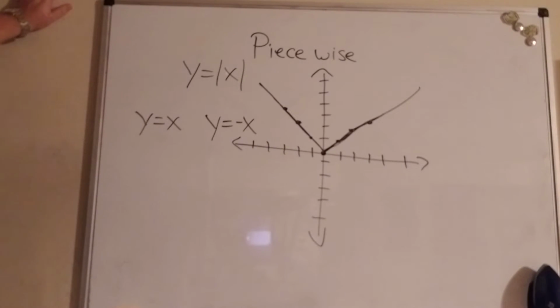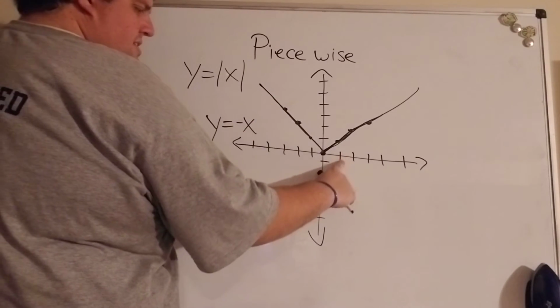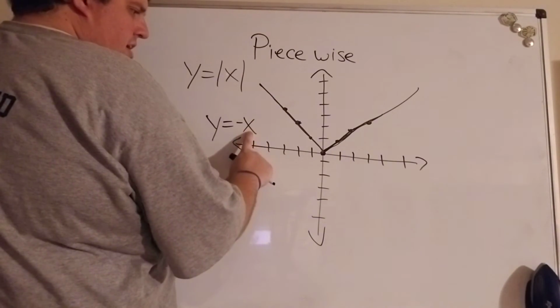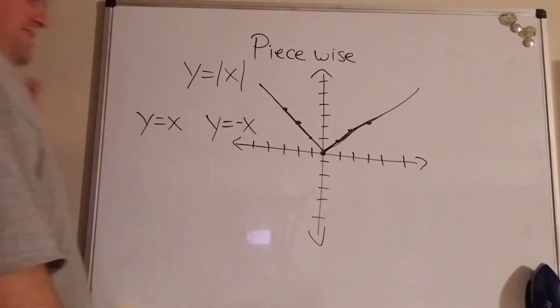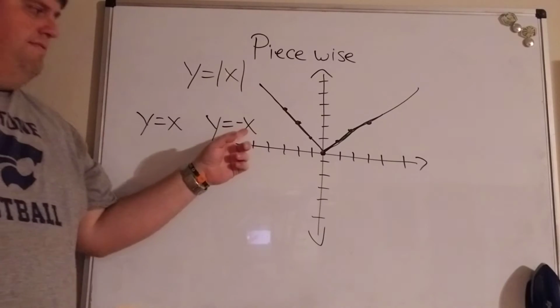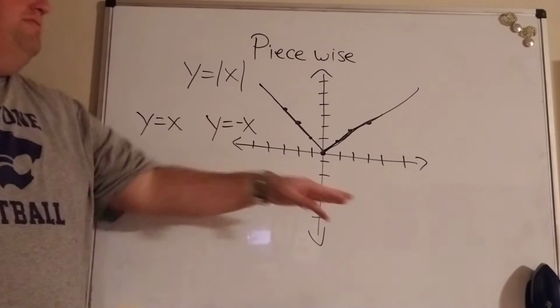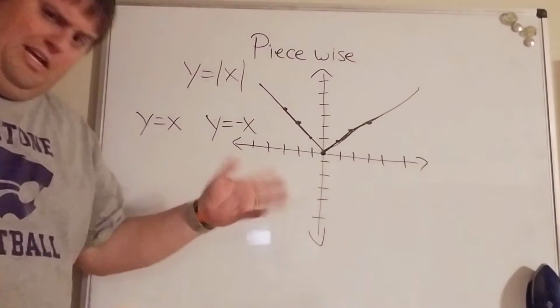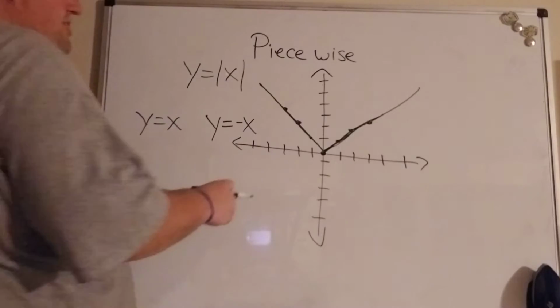And over here, when we plug in a positive x on this side, the absolute value is going to flip those and make them positive as well. Because obviously if you plugged in positive 2 here, that would make it negative 2, but the absolute value makes it positive 2. It's kind of like a back and forth thing.